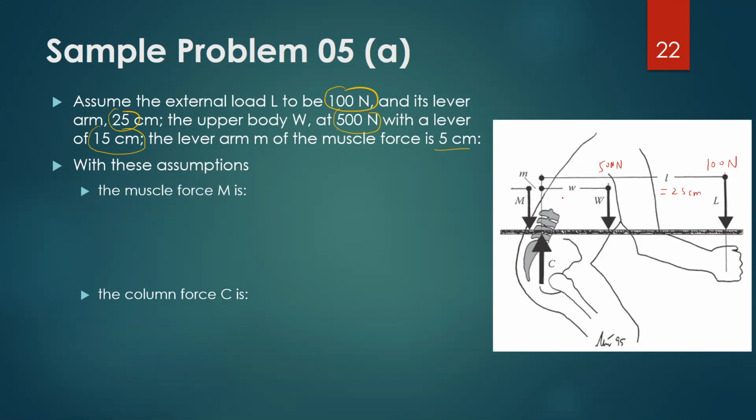And this small W is 15 centimeters. And this small m, this distance, is 5 centimeters. And we have to find this force M. So that is the situation that we are confronting. So we will use the same equations that we just developed to find these forces.